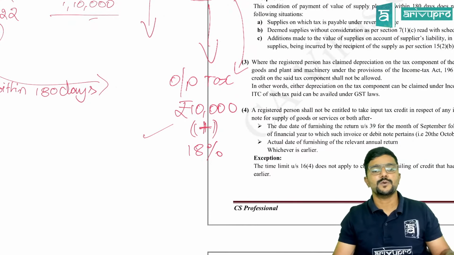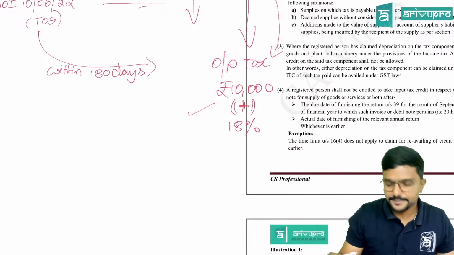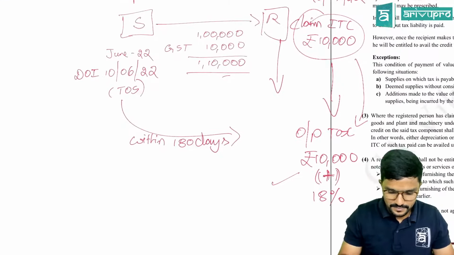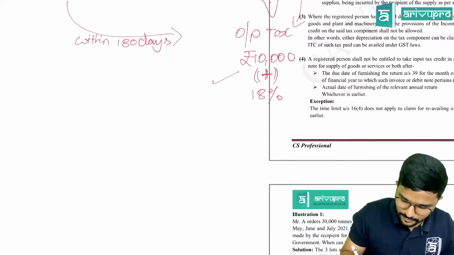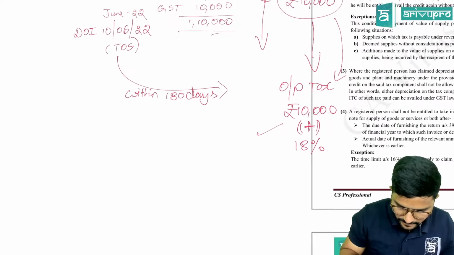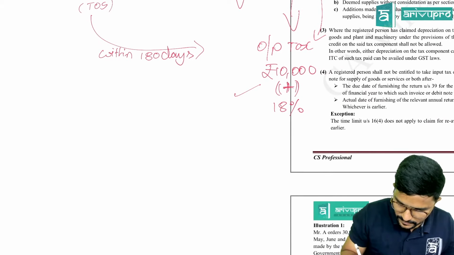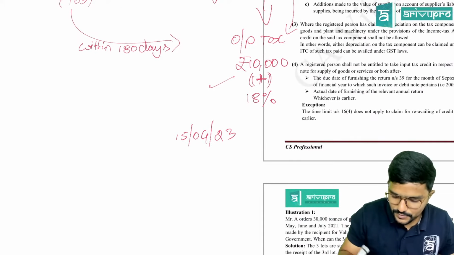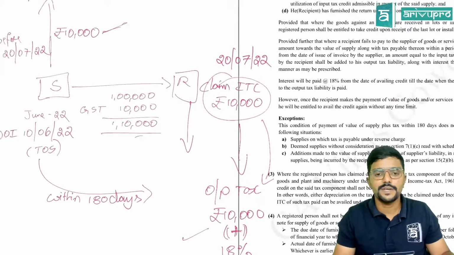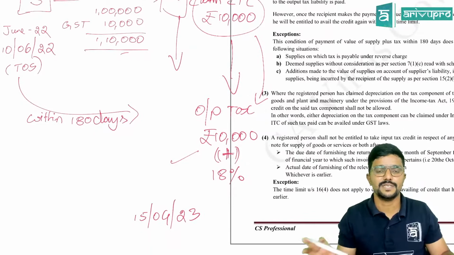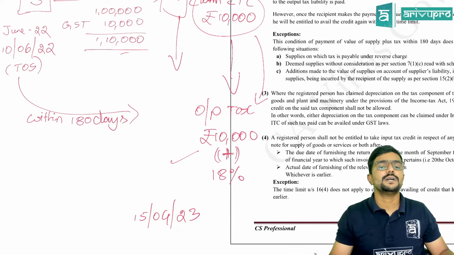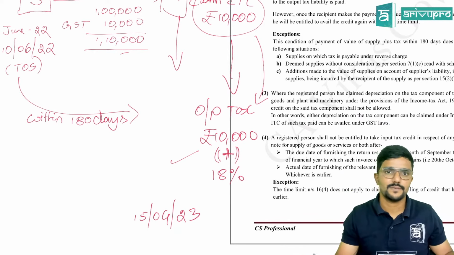So assume this amount is paid somewhere after 6 months, say 15th April 23. I'm just taking random dates. So interest will be charged from 20th July to 15th April, approximately, on 10,000 at 18%, guys. Clear?